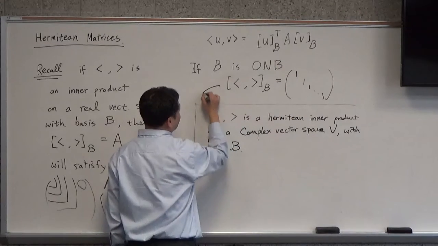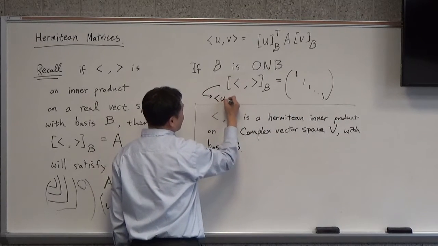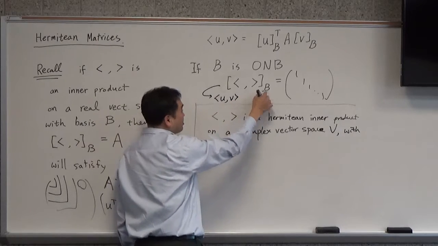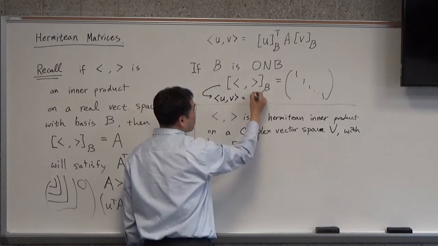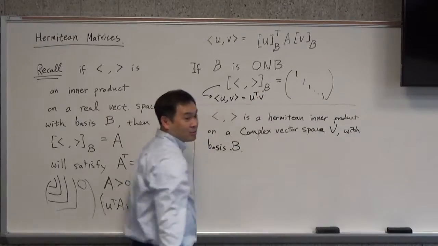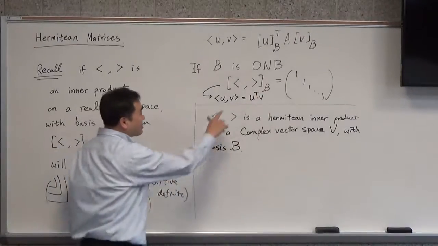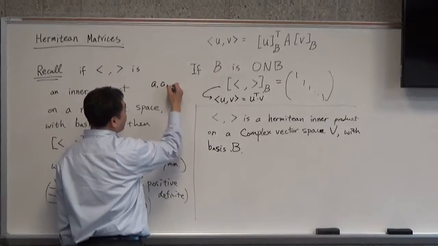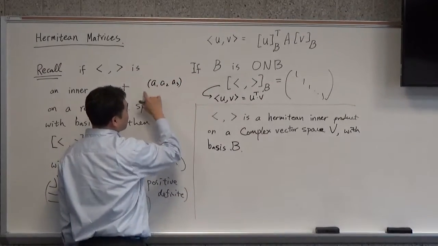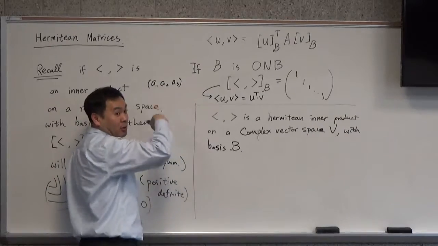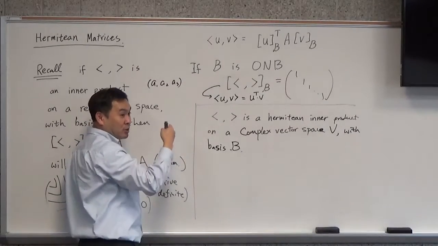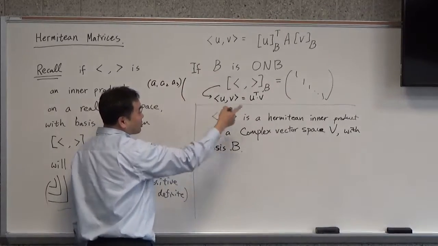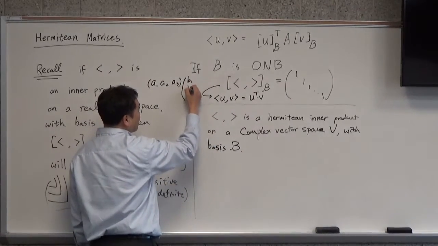So this really says that the inner product of U and V, if these are both represented under this basis B, is simply U transpose V. If you write down what these mean, in R3, what's that? Like a1, a2, a3 will be a transpose of a column matrix. If you take a1, a2, a3 and you take the transpose, you get a row matrix. And you multiply with another vector, b1, b2, b3.